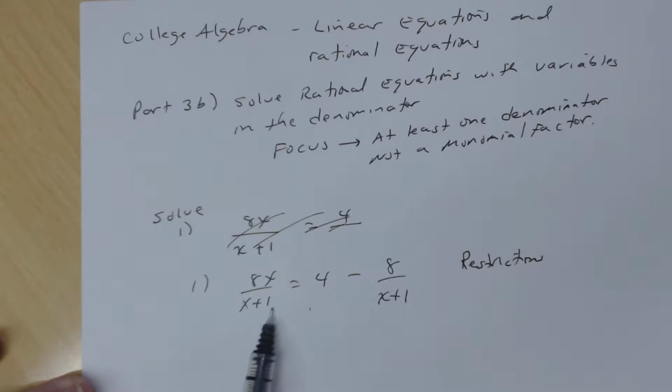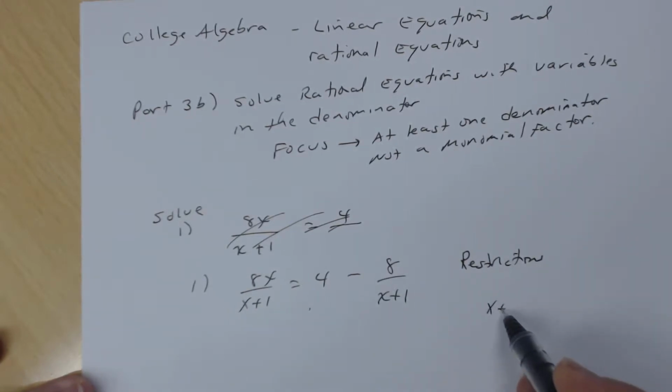So x plus 1, the GCF is 1. There's no way we can factor this, and this is the same one as well. So all I have to do now is set one of them equal to 0 and ask yourself, where is x plus 1 equal to 0? When is this denominator equal to 0? And all you do is solve for x.